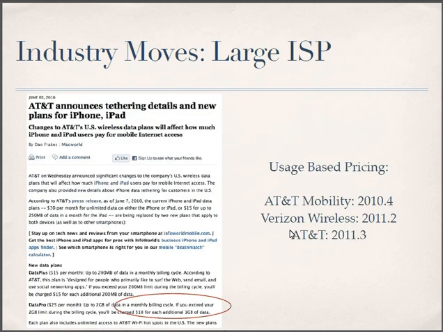The first move from industry in the US was taken last year with AT&T's move to usage-based pricing for their mobile data plans. And Verizon just announced the tiered pricing. Beyond the small baseline, you pay $10 per gigabyte. Actually, more than $10 a gigabyte for the first several gigabytes.